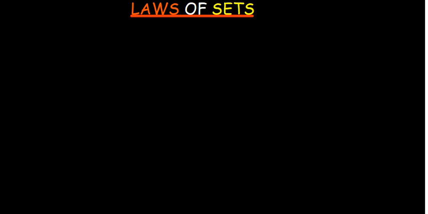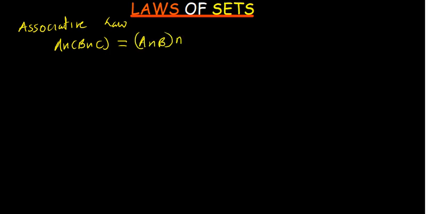So let's start with the associative law. A intersection B intersection C is the same as A intersection B and then intersection C. So this is what we want to prove.